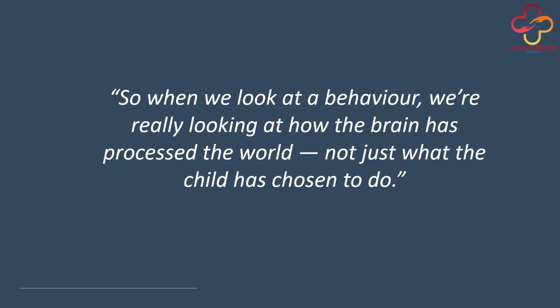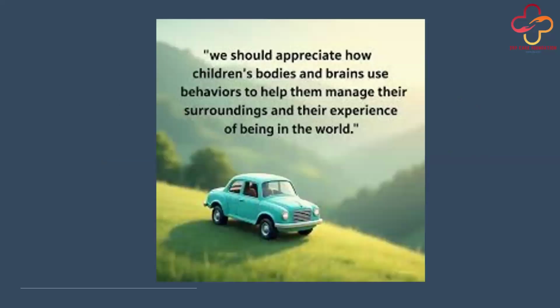So we don't have to start by correcting behavior, but we need to go for the core areas. These three areas, we need to work on them to get better behavior output, or socially acceptable behavior output.